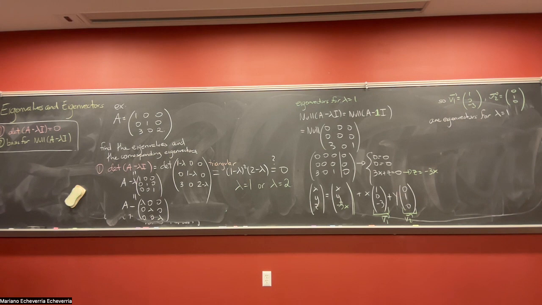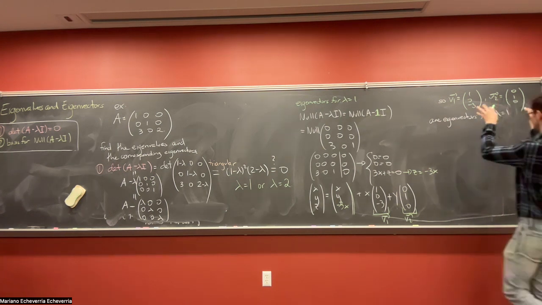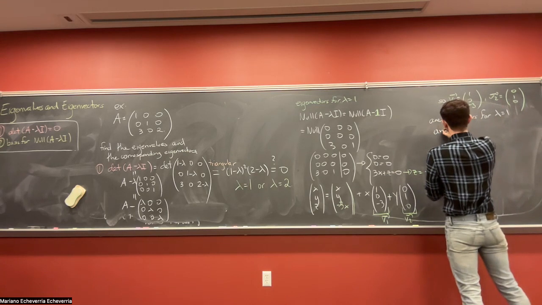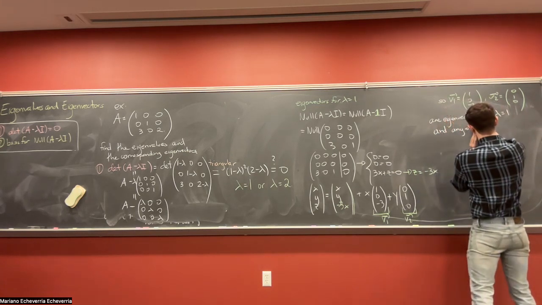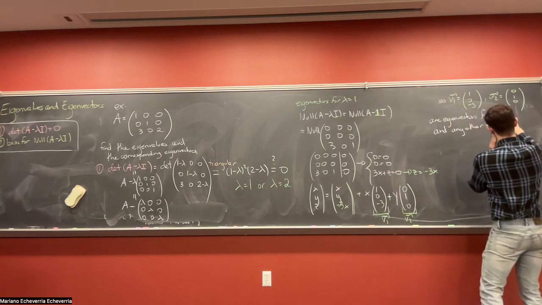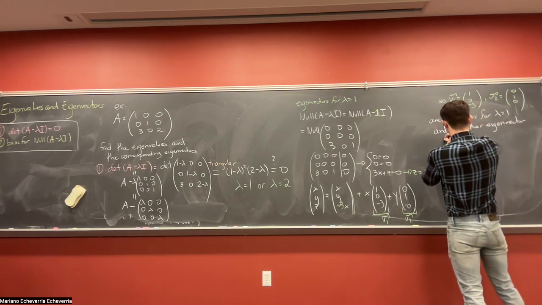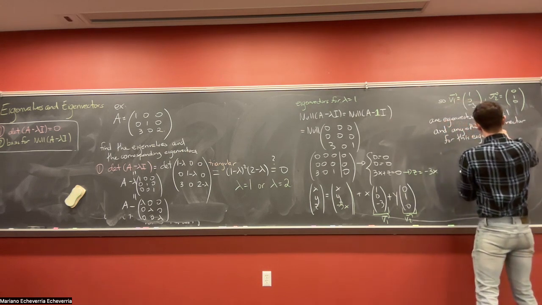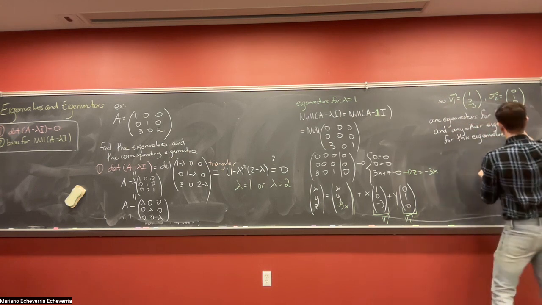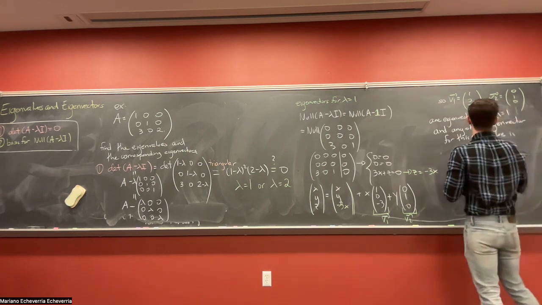That's why finding a basis is useful, because it allows you to describe any eigenvector for this eigenvalue in terms of these two basic ones.